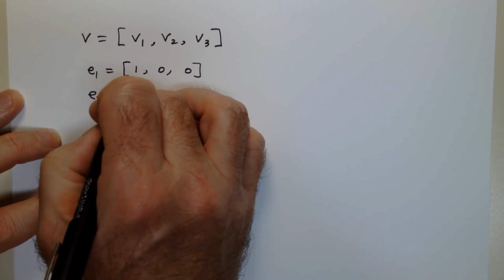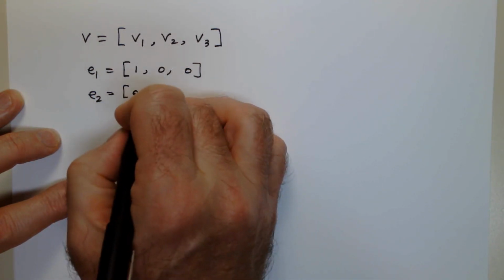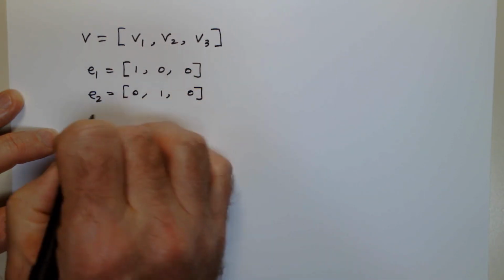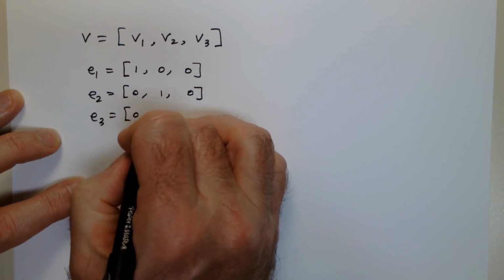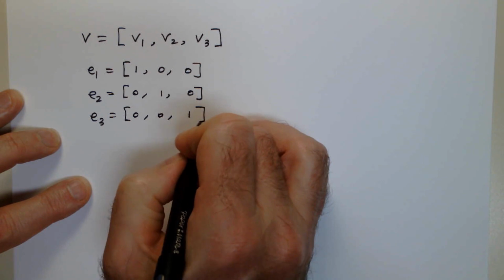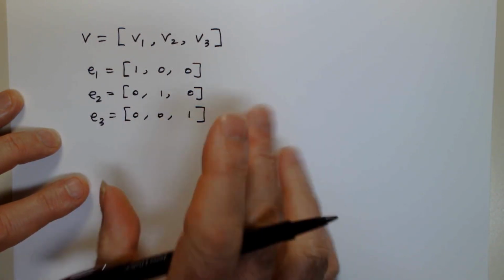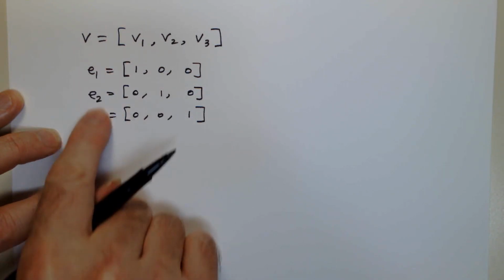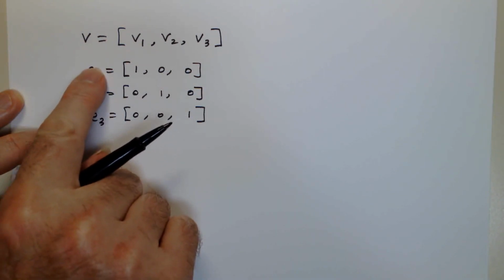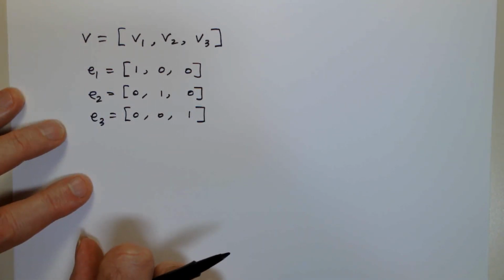E2 has a 1 in the second component and zeros elsewhere. And then E3 has a 1 in the third component and zeros elsewhere. Now what I want to show you, and this is not hard, is that this vector V can be written as a linear combination of the vectors E1, E2, and E3.